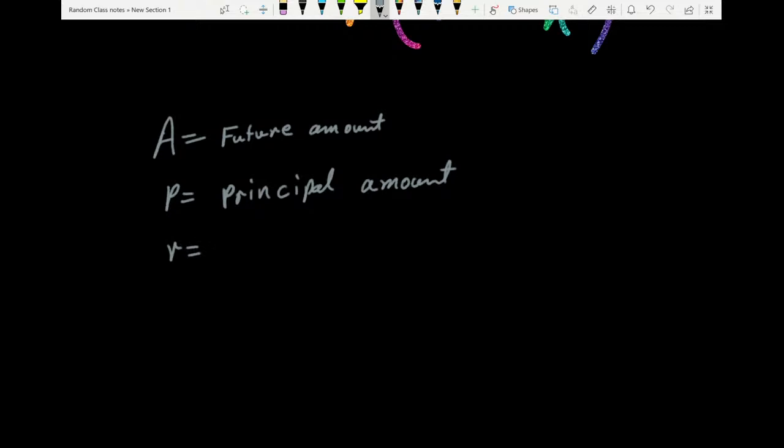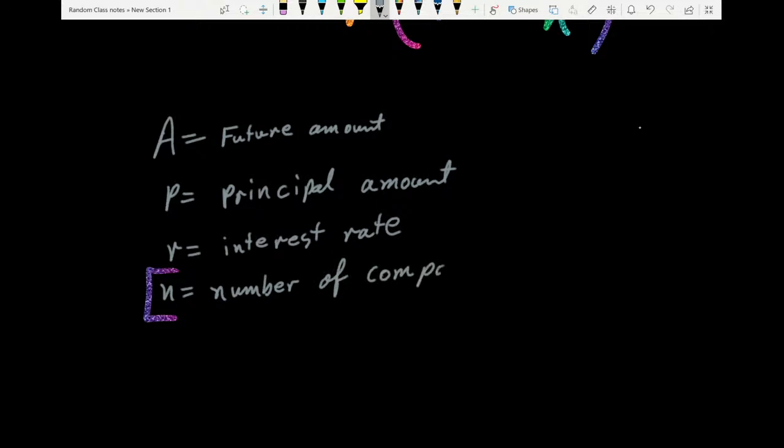R is the interest rate. And this is the crazy one: N is the number of compounding per year.